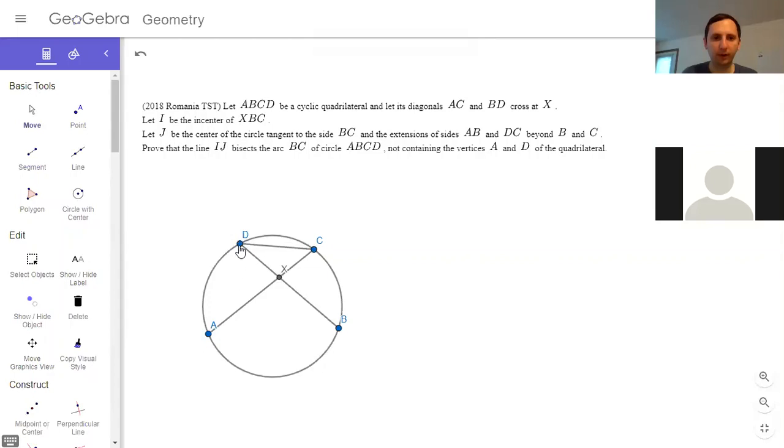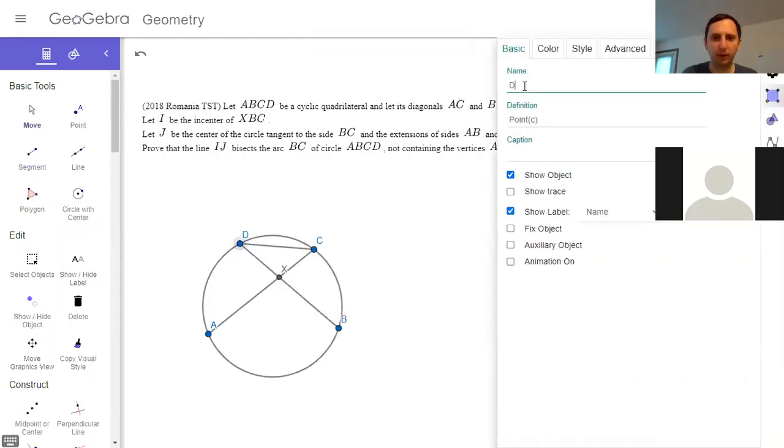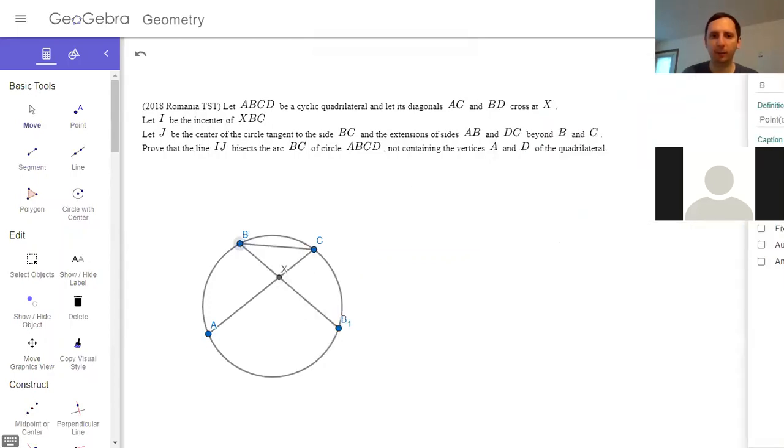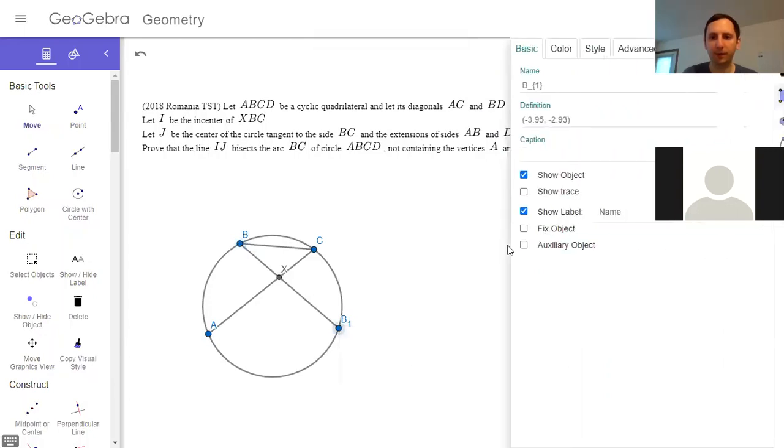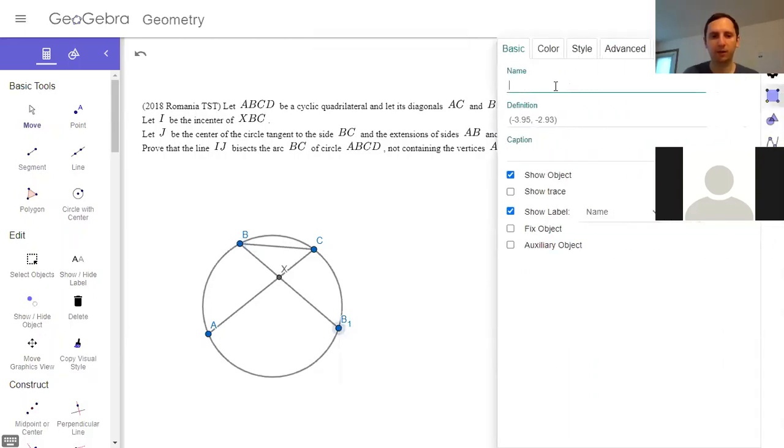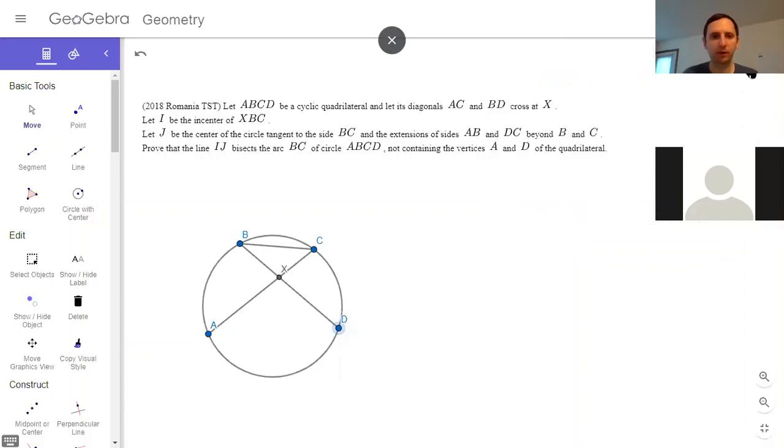Actually, let me draw it like this. Let me make that point B and that point D. All right.